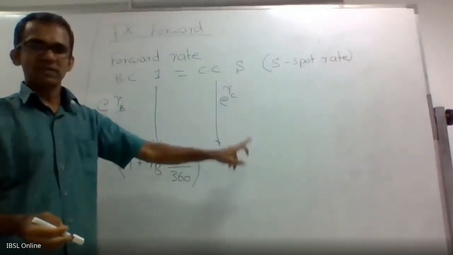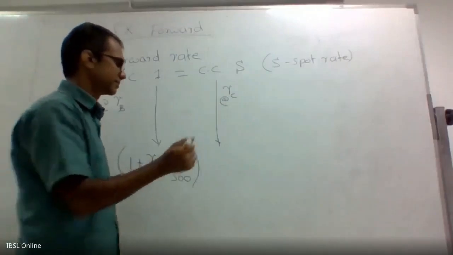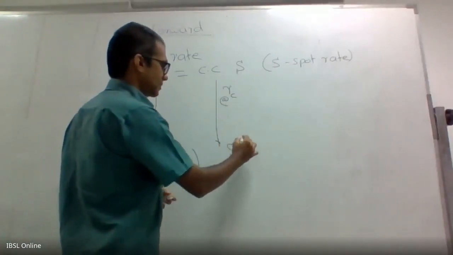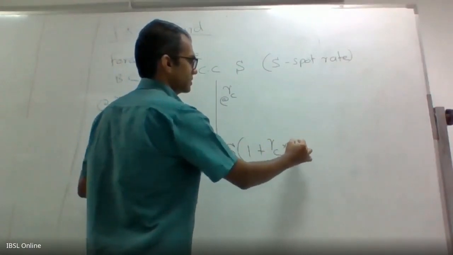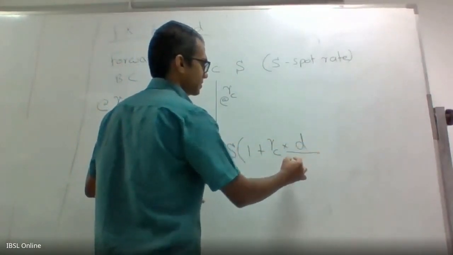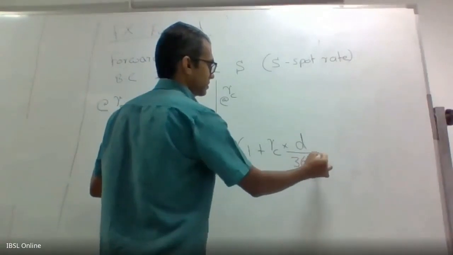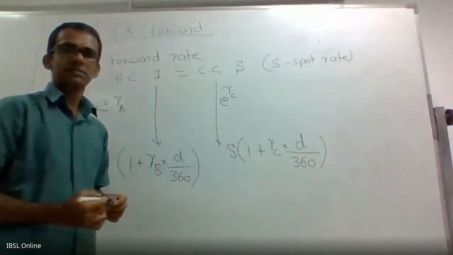What is the future value of S? That's the spot rate. S into 1 plus the interest rate of the counter currency, into the number of days divided by 360.